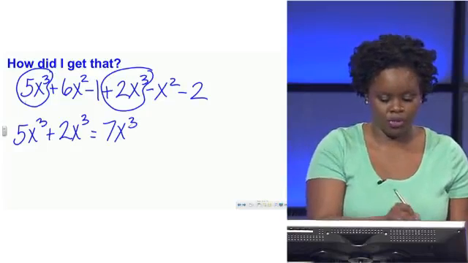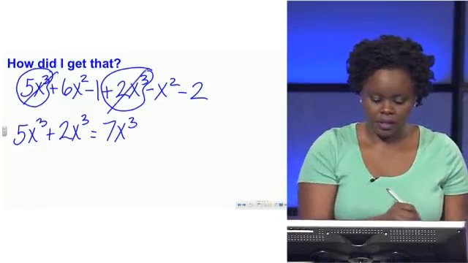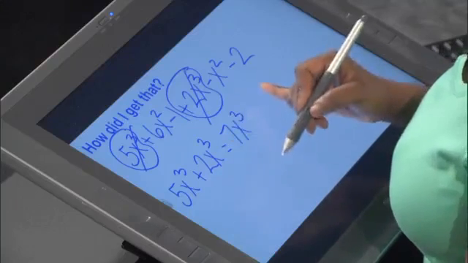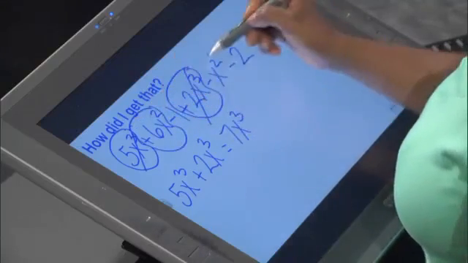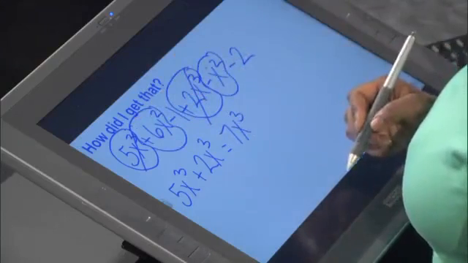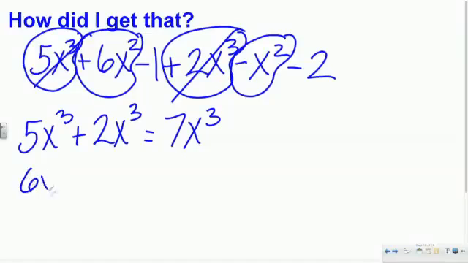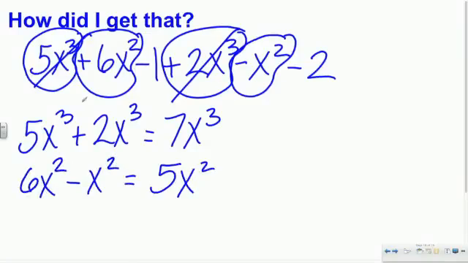Okay, so you've handled those two terms. Now you're scanning again. You see you have some x squared terms. I have 6x squared and minus x squared. So 6x squared minus x squared, that's 5x squared. Okay, so you've handled the x squared terms. Then you look again and you just have two constant terms left to combine.